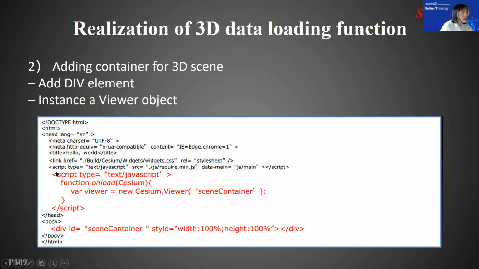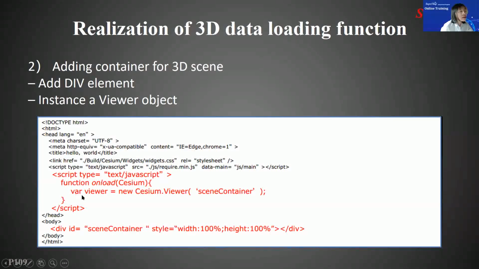Here you can see in the script, because this is a fixed function for Cesium, you have to write this onload function before you write code, before you start to add the data, add the map to the Cesium viewer.